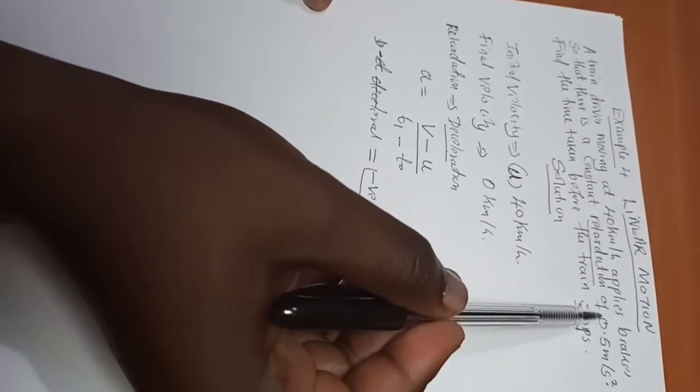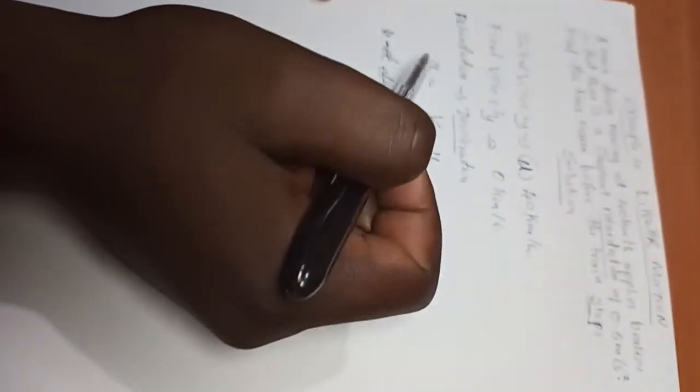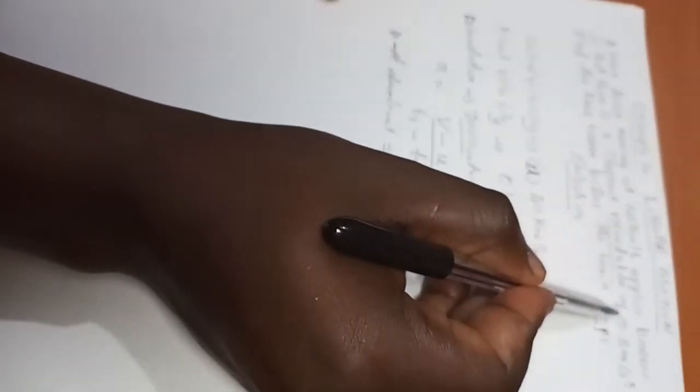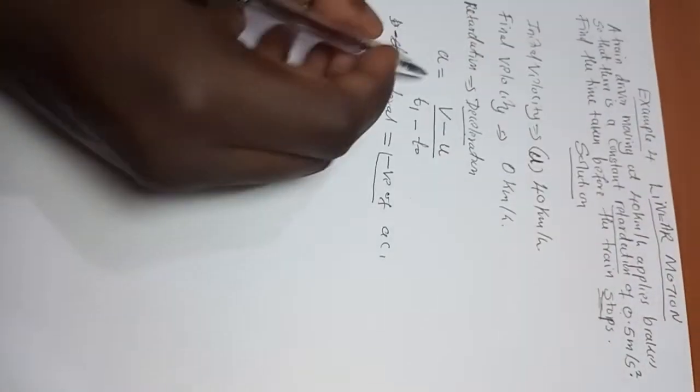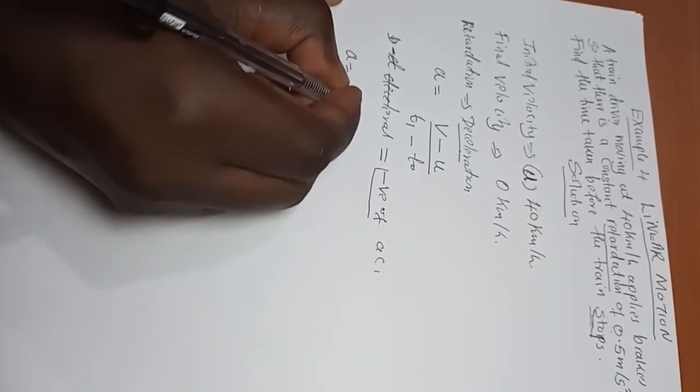So this value, which we were given as a deceleration, we need to get in terms of acceleration. So we will have to negate this value. Therefore, our a here will be equal to negative 0.5.